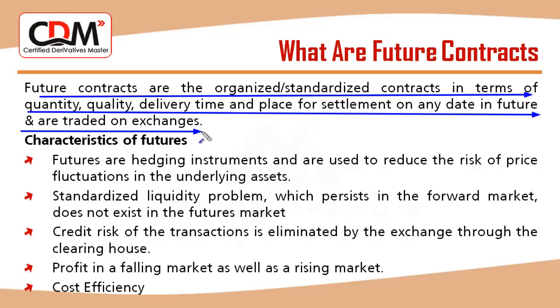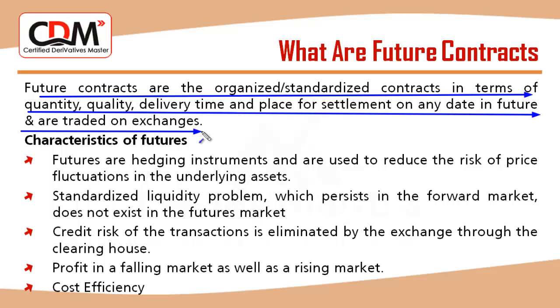So a future contract is something which exists in the market to be traded on a future date. Say suppose Mr. A agrees that he will buy Tata Steel shares on 30th of January. Suppose today is 10th of January, and he made a contract with Trader B, that Trader A agrees that he will buy 100 shares of Tata Steel from B on 30th of January, and Trader B also agrees that he will sell his 100 shares of Tata Steel on 30th of January.